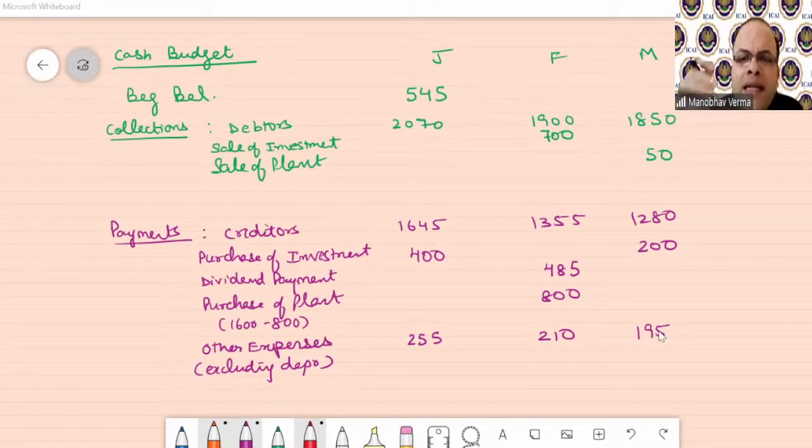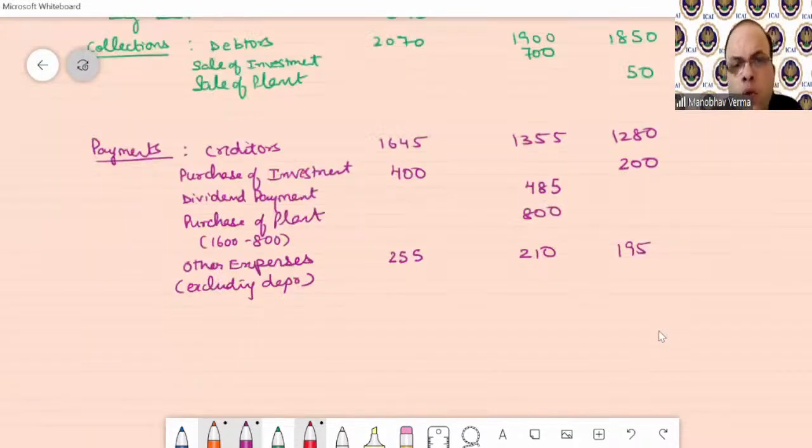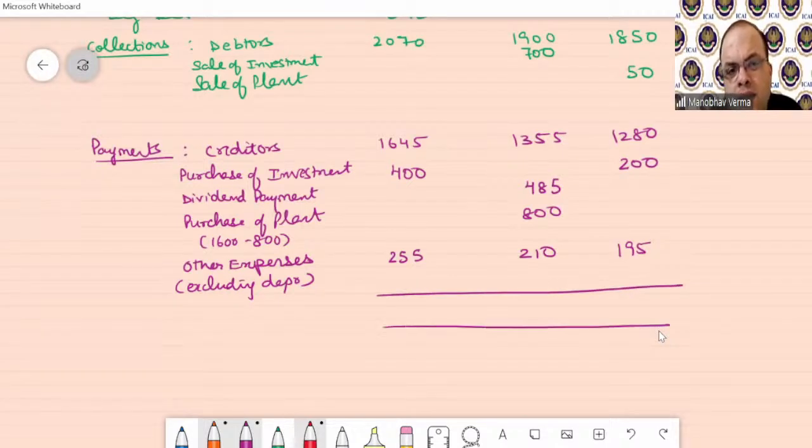So if that is the case, let's quickly see what are the total payments here and what are the total receipts. So payments total comes to be, is it 2300 here? 2850.